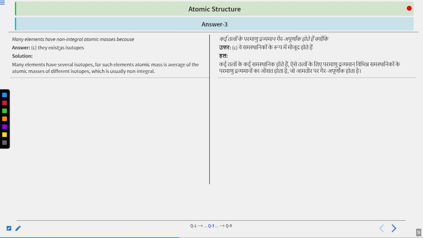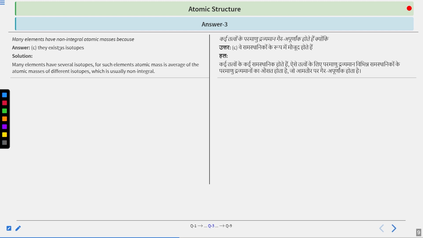In doing so, we take the average atomic mass of the different isotopes in accordance with their relative abundance, and what we get comes out to be non-integer. When we take an average, there may be a chance that we don't get a whole number, and we get non-integral values. Clear? So this is the reason behind it, which is the existence of isotopes.